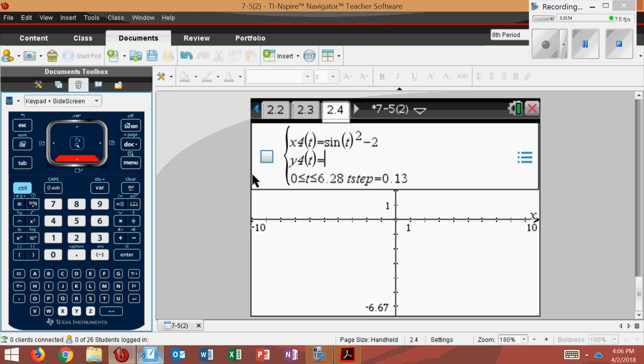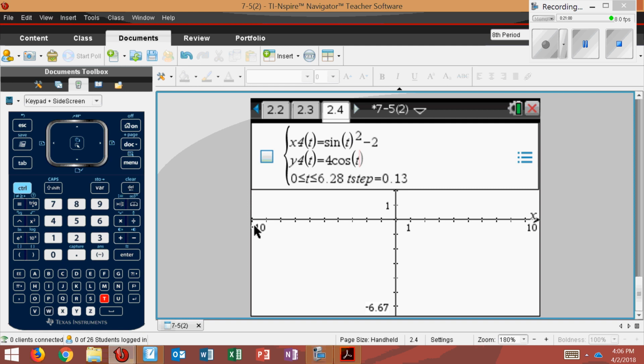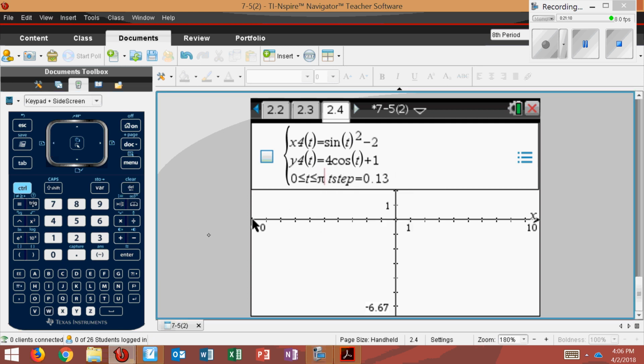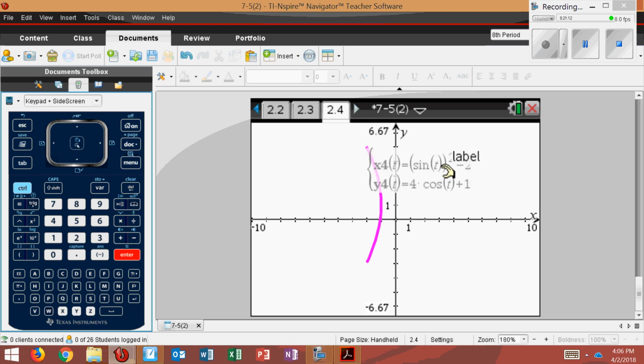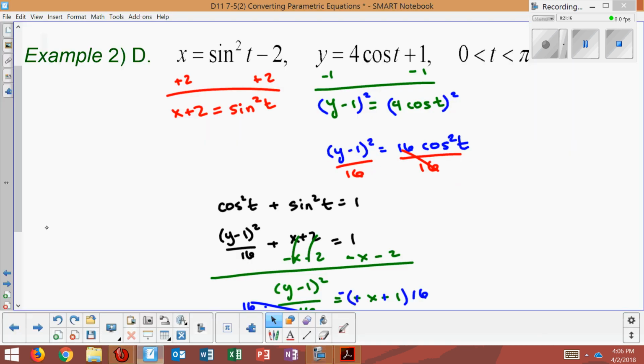The other equation was 4 cosine plus 1, or cosine plus 1. And finally, the t value was from 0 to pi. So there's that part of the graph, and then we type in our other part of the equation. We could check our work.